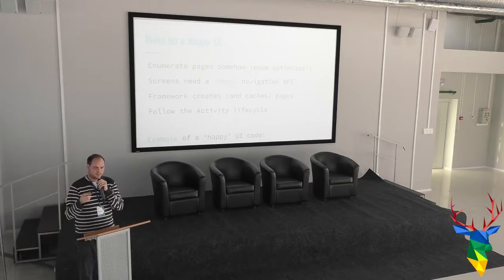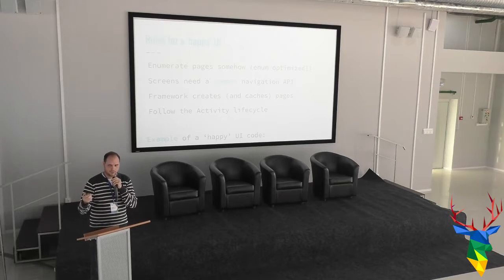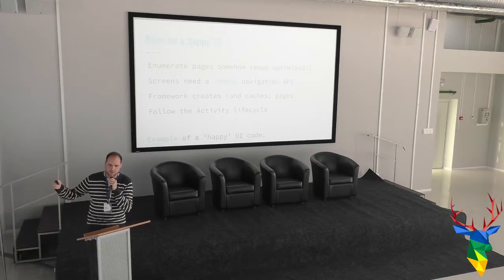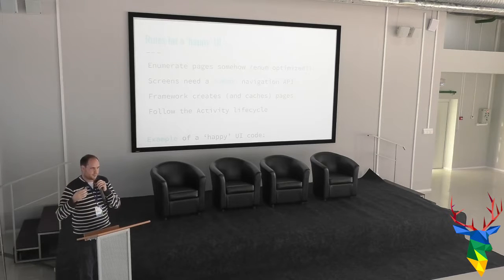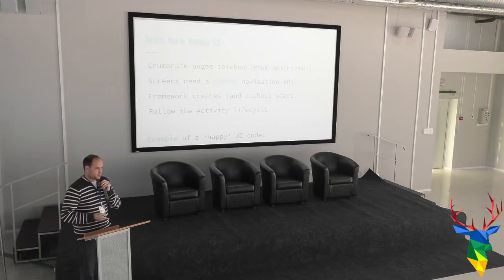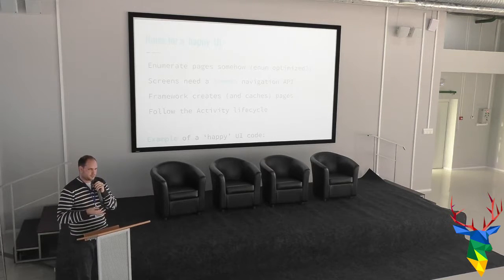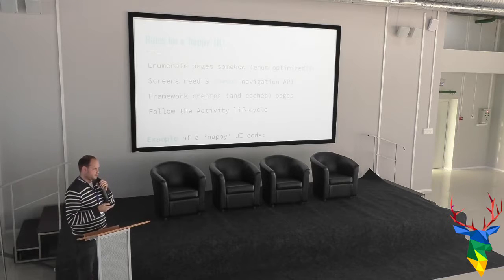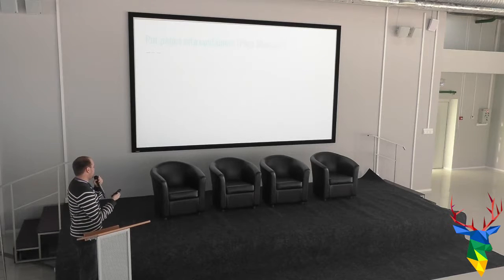From each screen we can do something like navigate dot with bundle and give it a bundle, and then continue on with pages dot login. So all pages are listed in this one class, and the framework instantiates the page and tells the other parts of the framework how to go there and how to show the page.